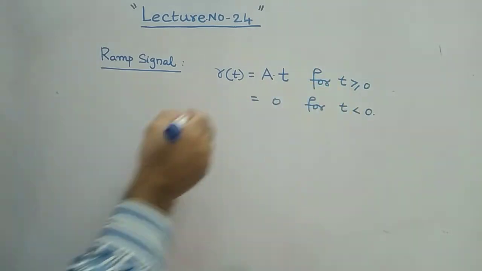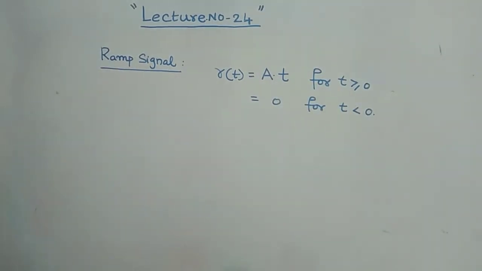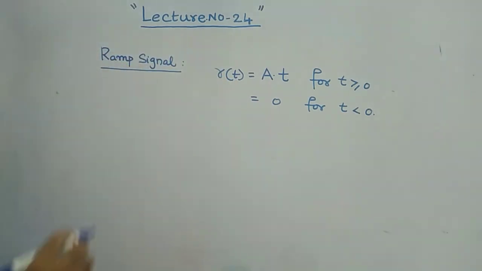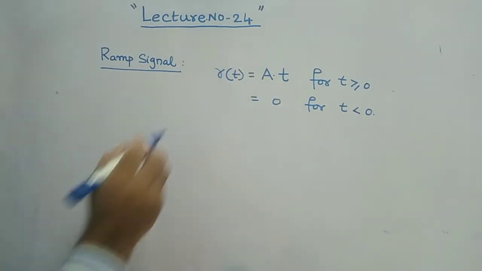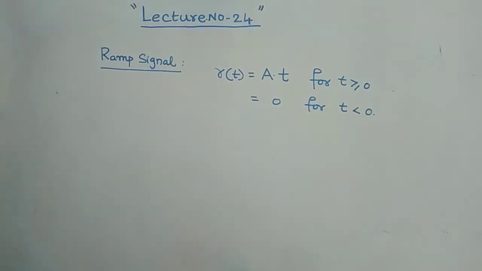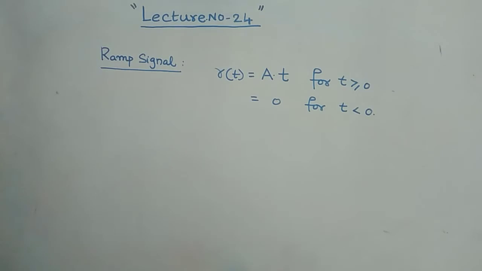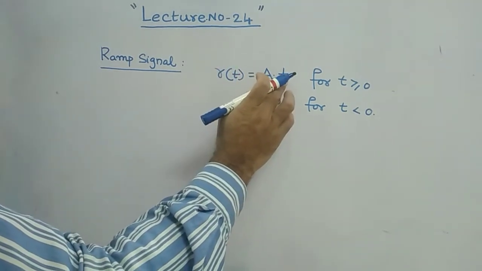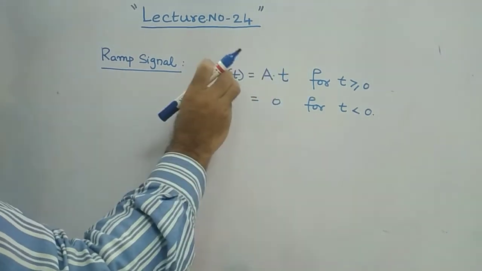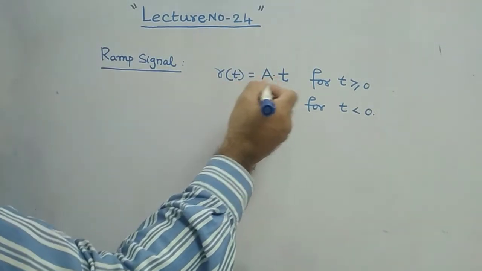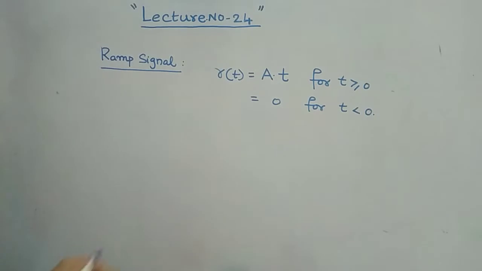That is the definition of a ramp signal. R of t is our input, a into t, where a is the magnitude.